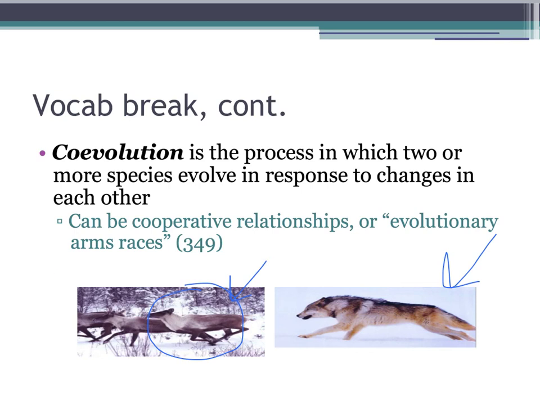So the fast deer are going to be able to have babies, and their babies will be a little bit faster every year. A little bit faster, a little bit faster, a little bit faster. So in response to the wolf, the deer will evolve. Same thing goes. Then that means the slower wolf is going to have to get faster so that he can chase the deer. They're evolving in response.